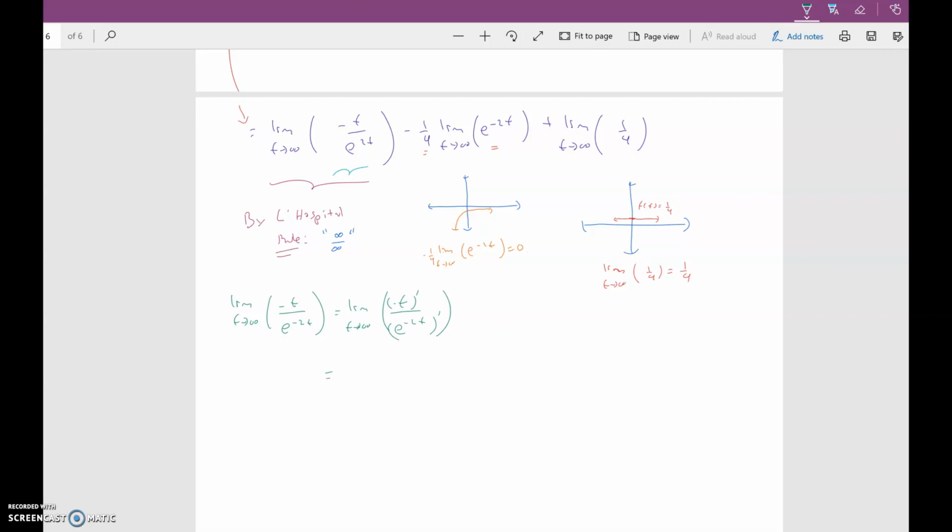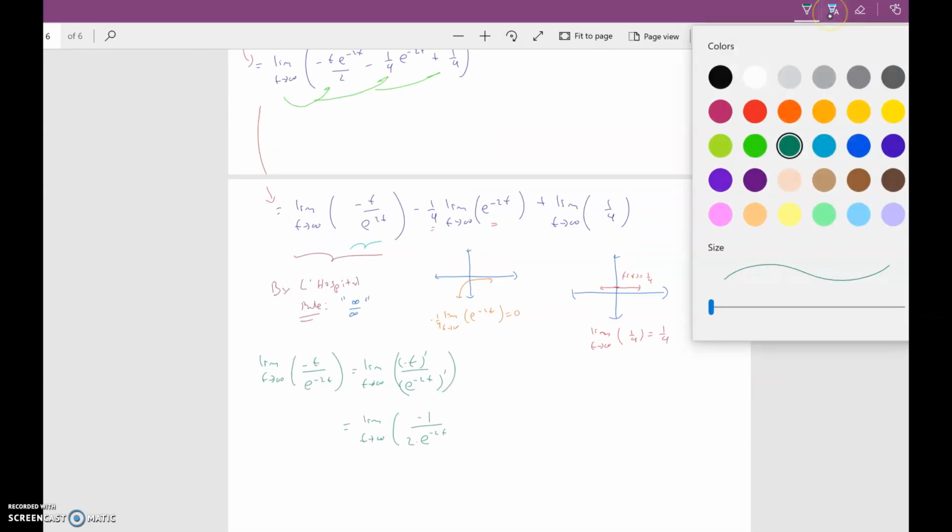So this is going to be equal to a negative 1 on the top. So this is going to be the limit as t approaches infinity of a negative 1 over, and we're going to have at the bottom e to the negative 2t times the value of 2.